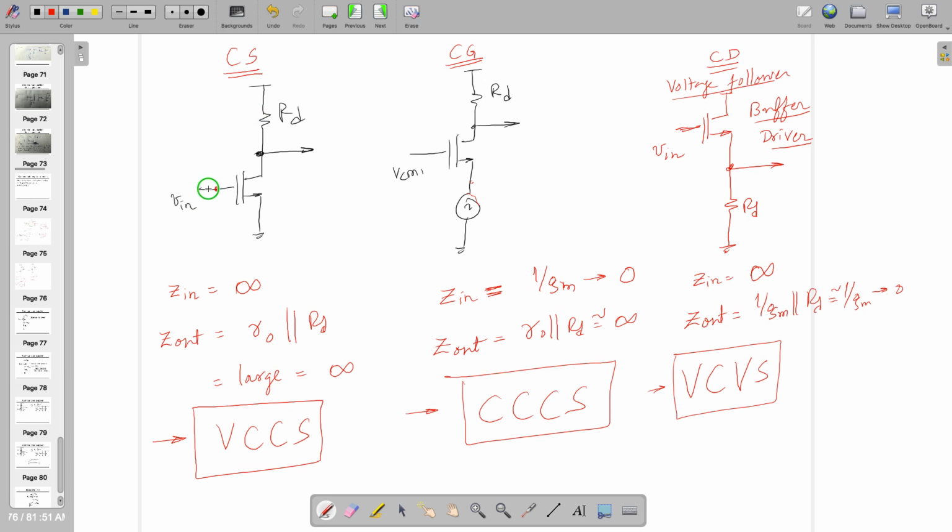So in general, we like to categorize this MOSFET as voltage controlled current source or current controlled voltage source or whatever, but it depends on which configuration you are choosing. That is more important, right? So it depends on the configuration rather than calling it separately, right? So the MOSFET can be categorized as voltage controlled current source or maybe VCVS, depends on your configuration. Okay, so we'll talk about common drain next time.